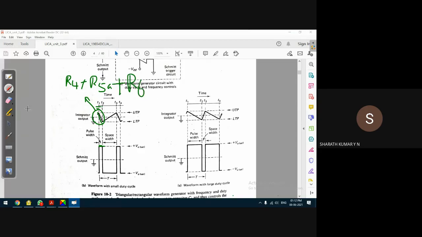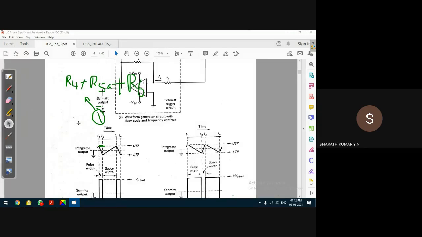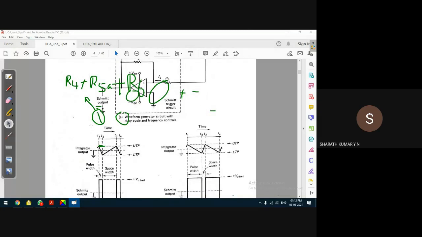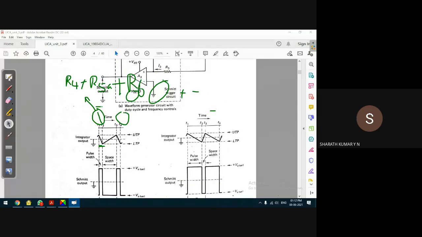How do we know this? The output voltage is going from positive to negative. That means the output of the integrator should be negative, so this should be negative and this should be positive. This positive means it is R4, R5A plus R6. Very simple. Similarly, what about the negative cycle? Let me erase this part, since it is not visible.